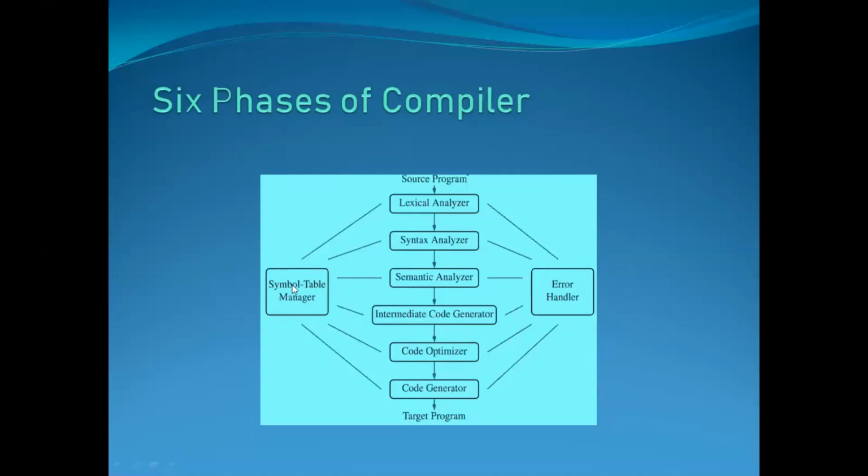What is the symbol table of a compiler and how is it managed through these phases? Similarly, how are errors reported within the source program through error handling routines? These are the topics of our next lecture. But the purpose of showing this picture is that you must know these 6 phases of compilation have correspondence with 2 other functions, symbol table management and the error handling routine.